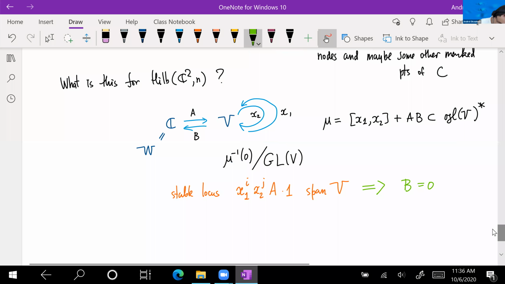So what would be a quasimap to that variety?